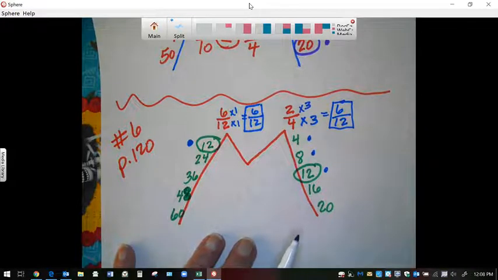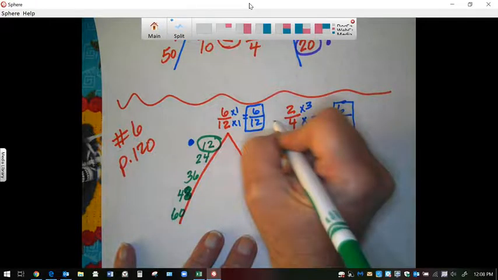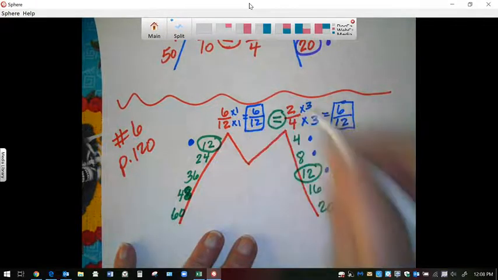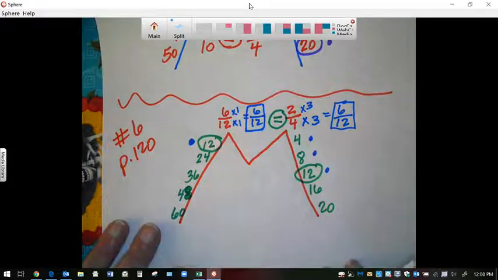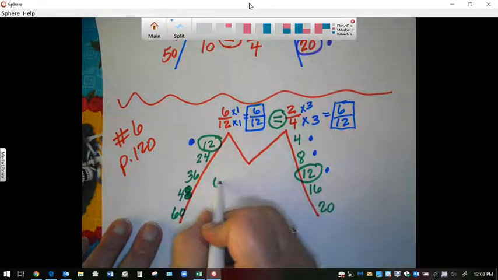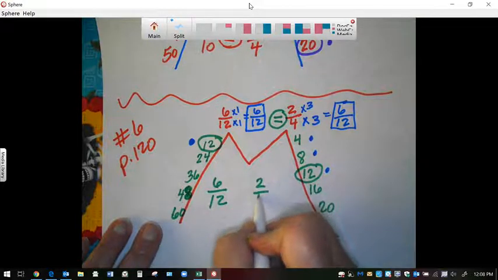So, what do we notice about this one? That they are equal. They ended up being equal. Okay? So, we're going to write our original problem. 6/12 and 2/4.